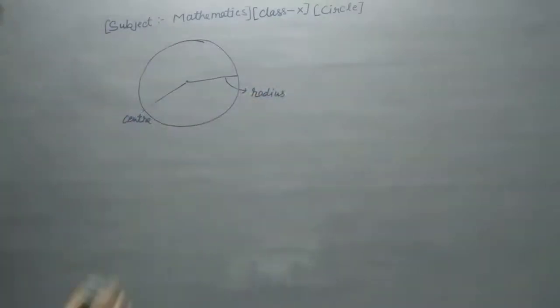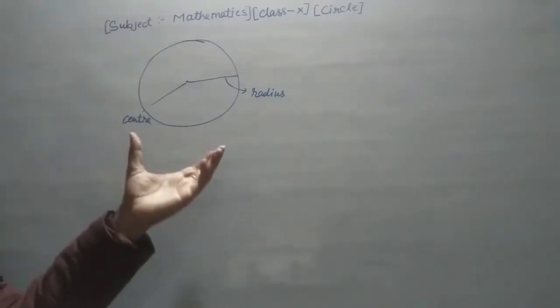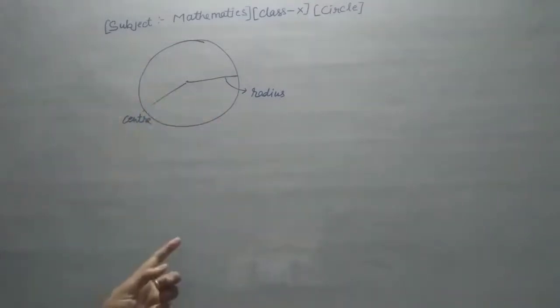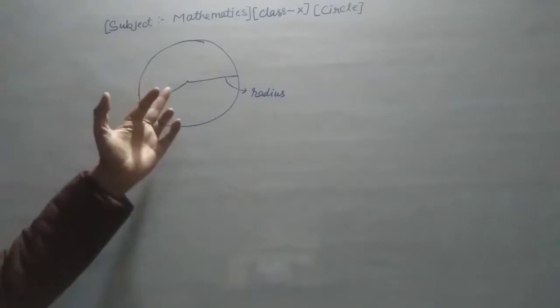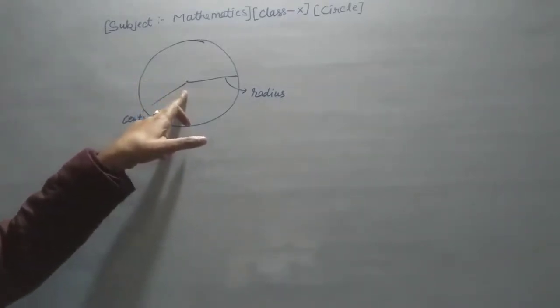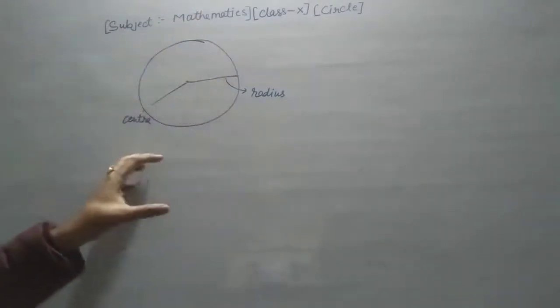Okay, so you have a definition of a circle: the collection of all the points in the plane, at a fixed distance from the fixed point, that you have to collect.